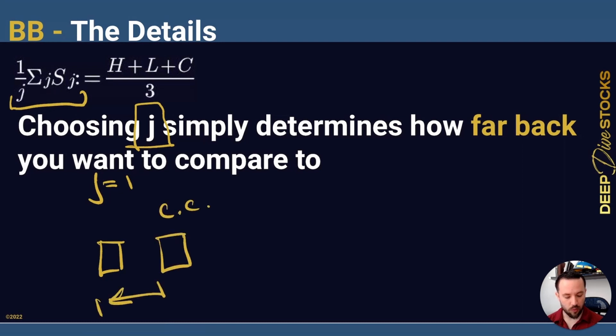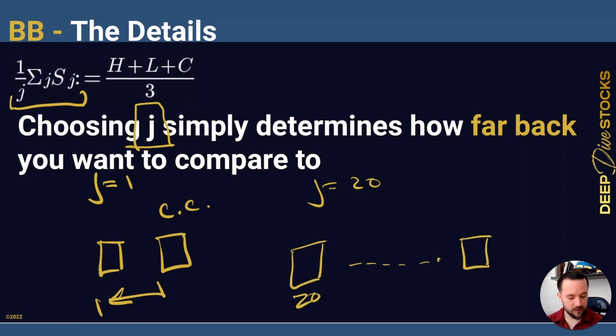And conversely, if J is equal to 20, well then we include 20 candles back.